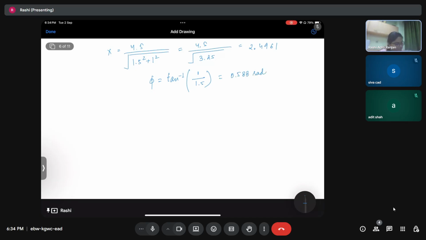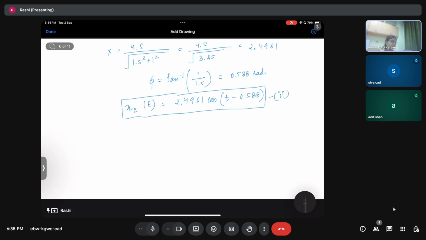So finally, combining everything, x2 of t can be written as 2.4961 cos of t minus 0.588. And this we'll consider as equation 2.